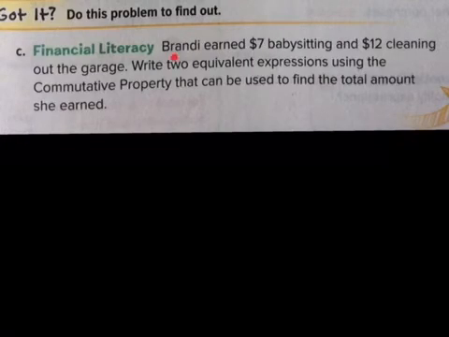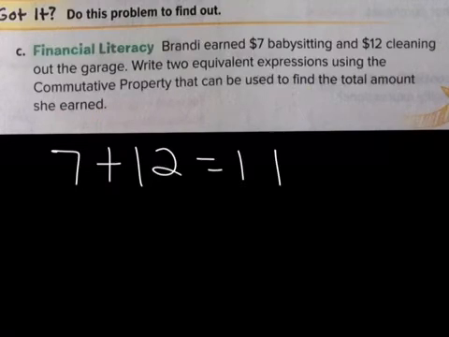Let's try this one. Brandy earned $7 babysitting. I'm going to go ahead and just write that $7. I know it's important. And $12 cleaning out the garage. Write two equivalent expressions using the commutative property that can be used to find the total she earned. Okay, so she earned $7 plus 12. She earned $19, right?